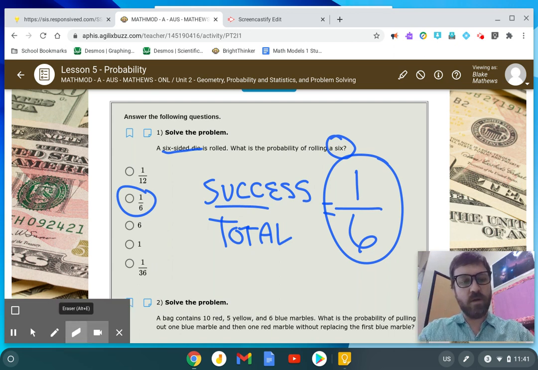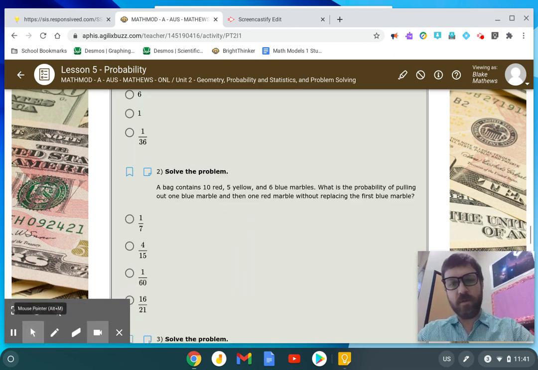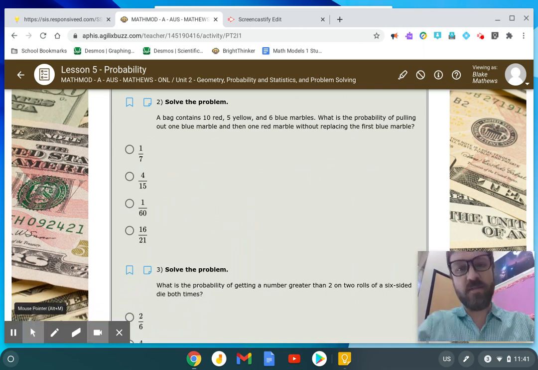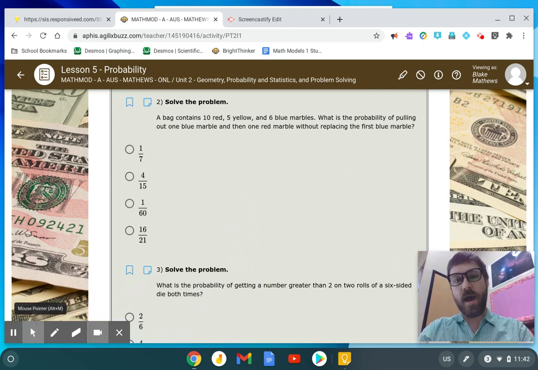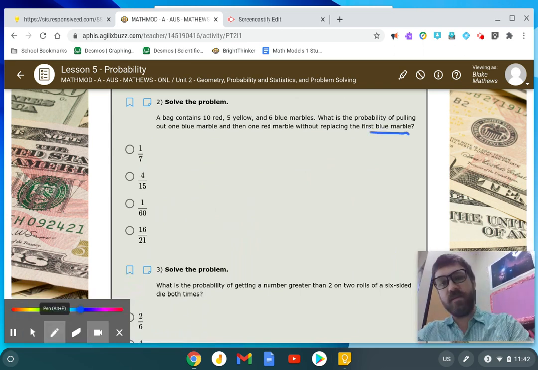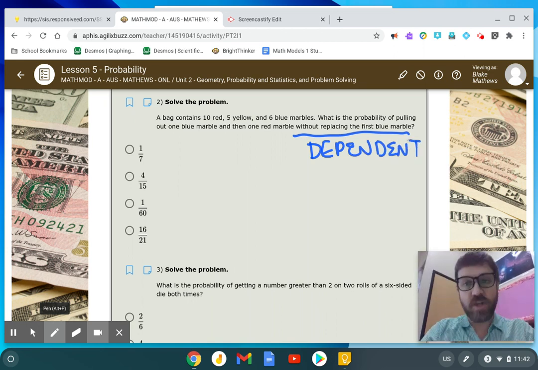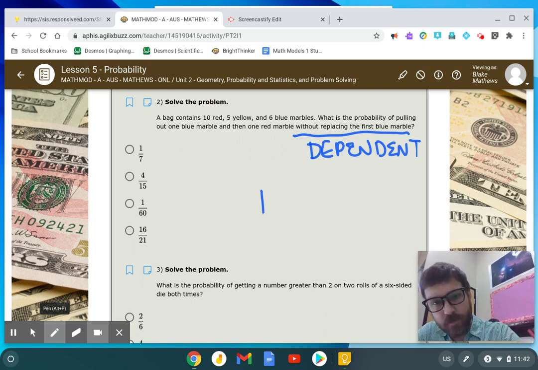Okay, that's pretty straightforward. Well, what happens if we have more than one event? A bag contains 10 red, 5 yellow, and 6 blue marbles. What's the probability of pulling out 1 blue marble and then 1 red marble without replacing? This indicates this is what we call dependent, because we are changing the conditions. So they're going to have 2 fractions.